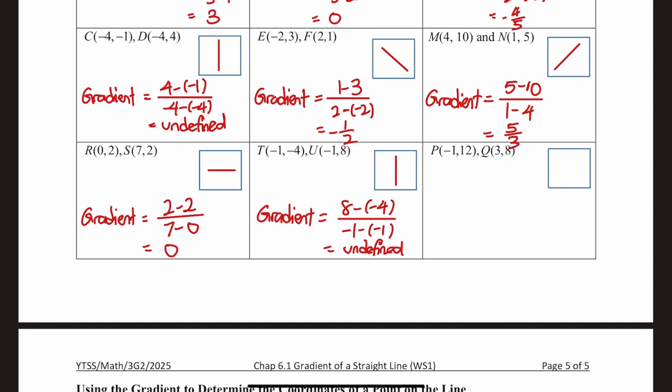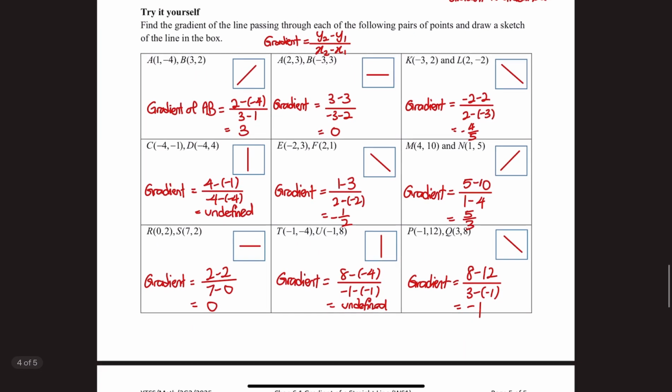Then last one, gradient is simply 8 minus 12 over 3 minus -1. This should be -4 divided by 4. I should get -1, negative gradient, downward sloping graph. Okay, and this is for this try yourself question.